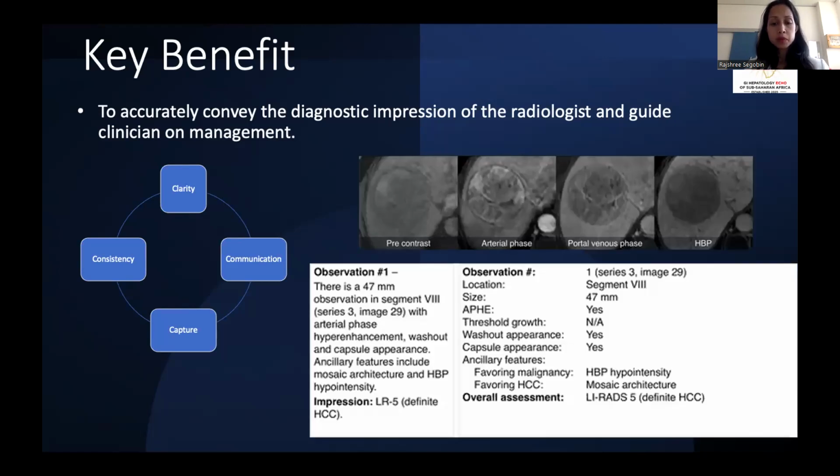So this is an example of a templated report, which we should all be aiming to write and to be interpreting as clinicians. So we all want to see at the end an overall LIRADS category, which I will be telling you more about now.